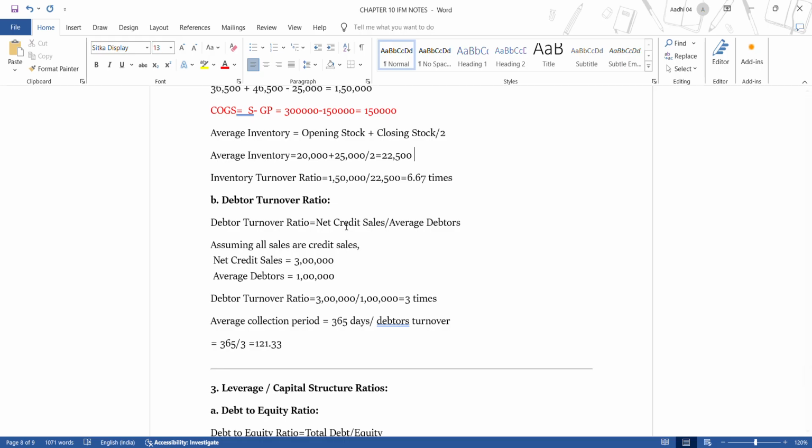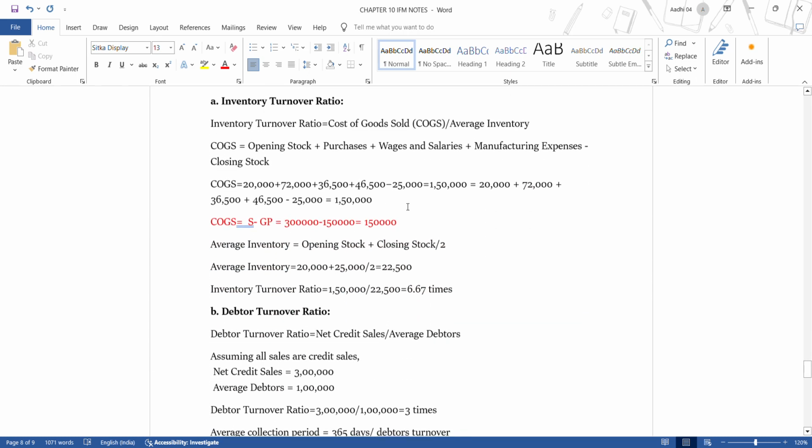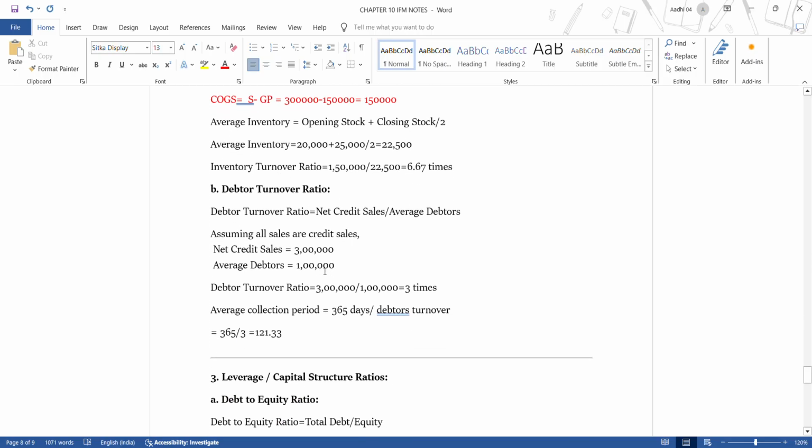Assuming all sales are credit sales, since in the question there is only one sales given, we assume that as credit sales. Your net sales is already 3 lakh. There is only one debtor in the balance sheet, so we assume that is the average. So average debtors is 1 lakh. Now the turnover ratio is simply divided, so 3 times. I hope that is clear.